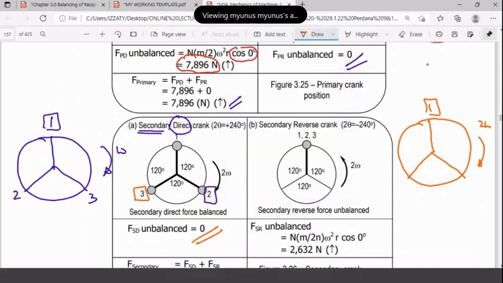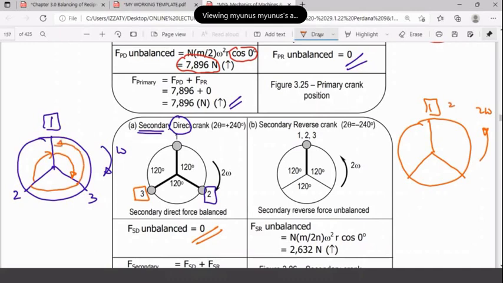You move 1 segment for primary, 2 segments for secondary direct. Now also 2 segments but reverse. Oh, sorry, this one is not correct. This one is supposed to be in the other direction. This one is 2 omega. So you have 1 segment, another segment.